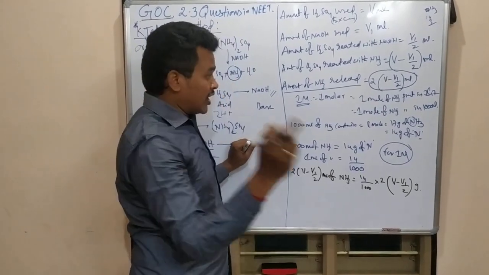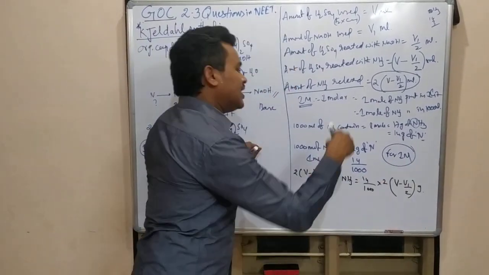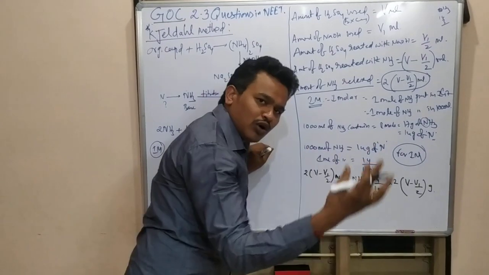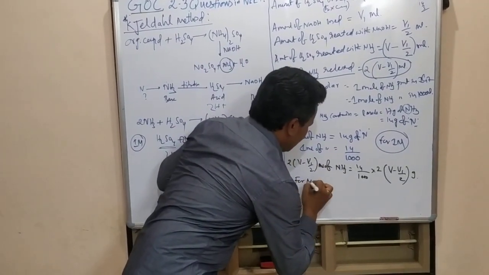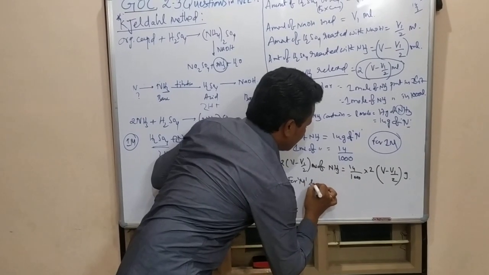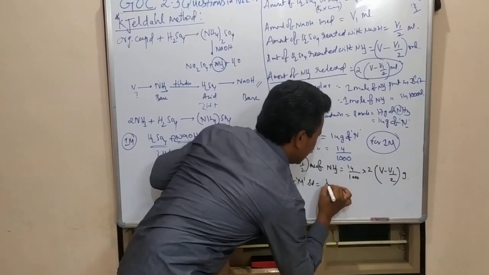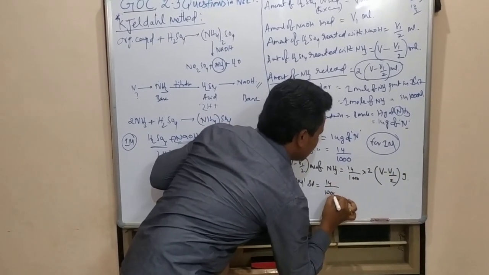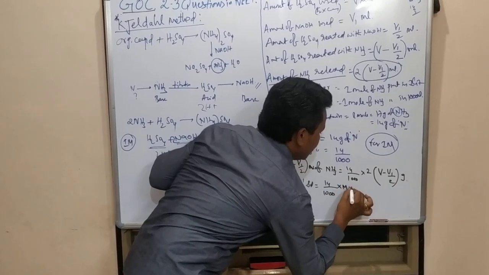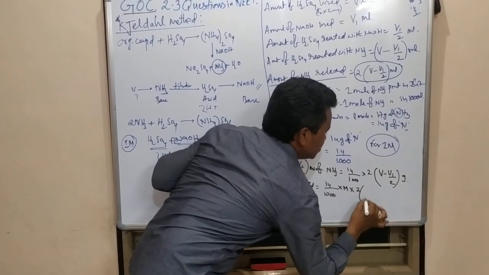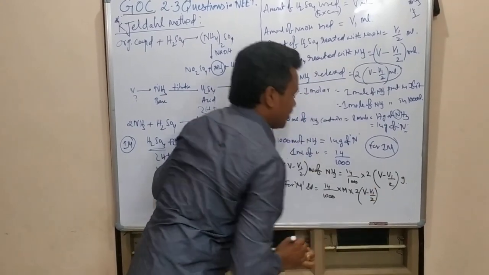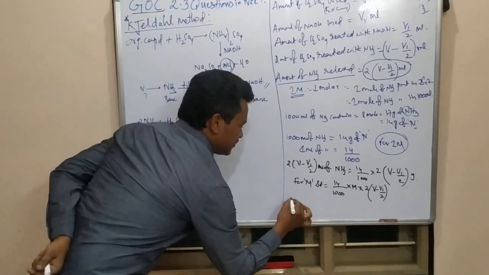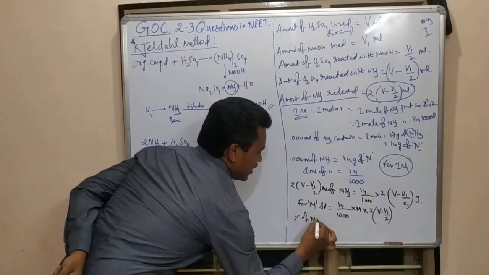This we calculated for 1 molar. So if it is M molar, 2 molar, 3 molar, 5 molar, then 14 by 1000 into M, as it is, into 2 into V minus V1 by 2. And percentage of nitrogen means what?